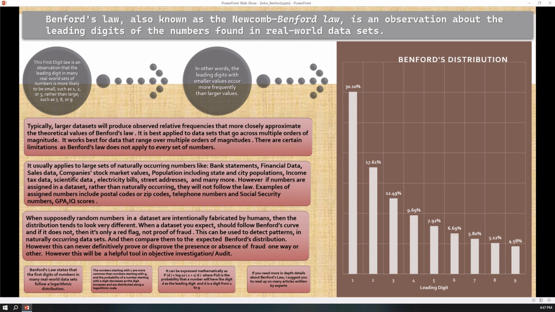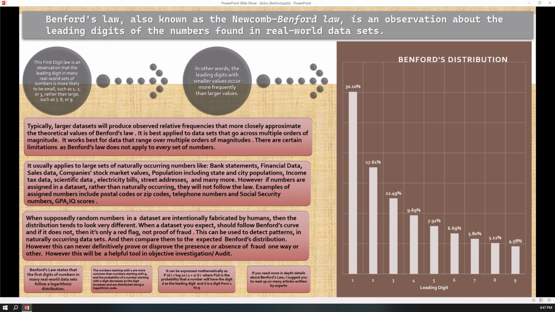To recap, Benford's law is the first digit law, and the leading digits in most real-world datasets, like population numbers, street addresses, scientific data, or sales data, follow a logarithmic distribution, as we see on the right side, right? A leading digit 1 appears 30.1% of the time, and compared to 9, leading digit 1 will appear almost 6 times as often.